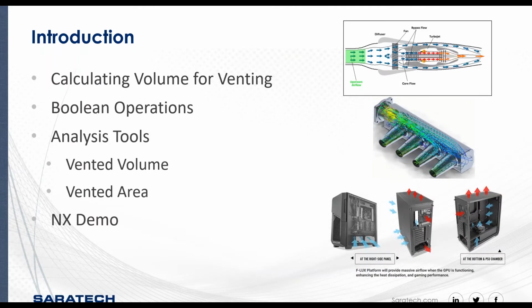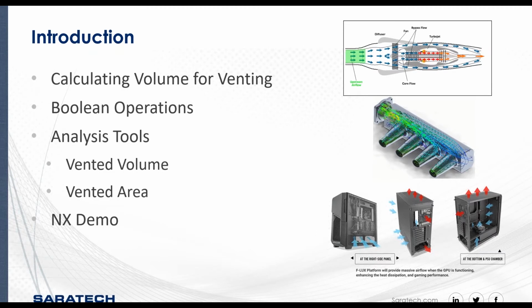Okay, so the purpose of this presentation is to provide the audience here a tool to calculate volumes. And it's important specifically when you're looking at things like a turbine, a manifold, or something like a PC where you have to either vent air out or remove heat from the system.